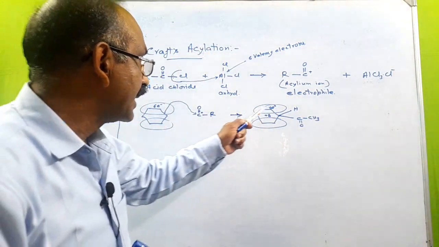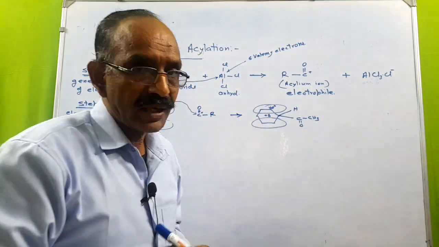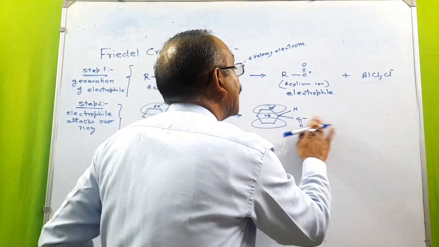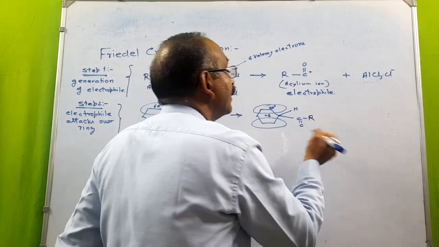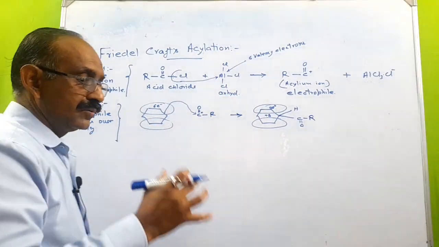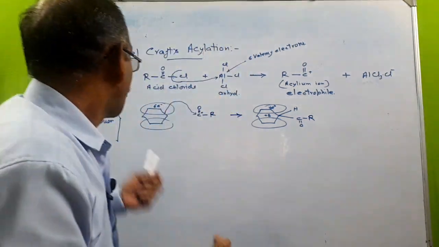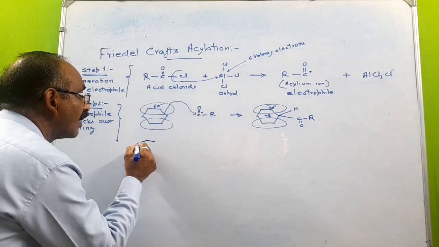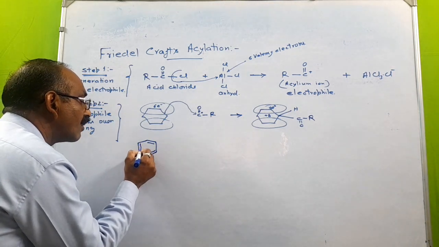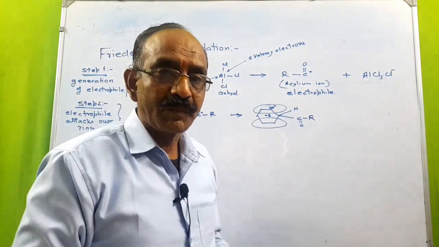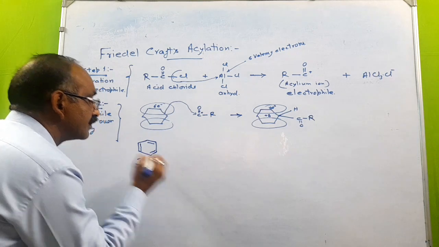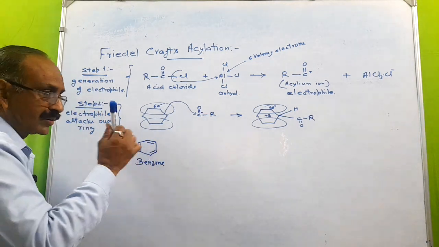As we know, in benzene, at each carbon there is 1 hydrogen. So 1 hydrogen is here, and this acetylium ion will form a bond with the ring. Is it clear? In order to write the reaction on paper, I'm taking the help of one of the resonating structures proposed by Kekulé for benzene. This one is benzene, having 6 electrons.